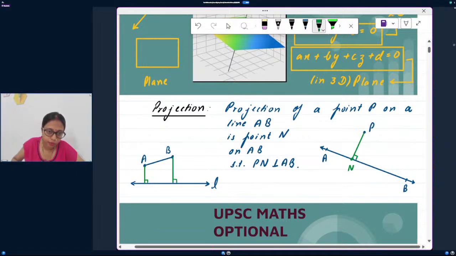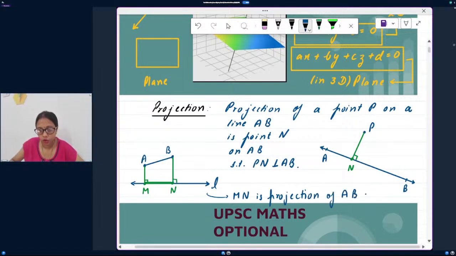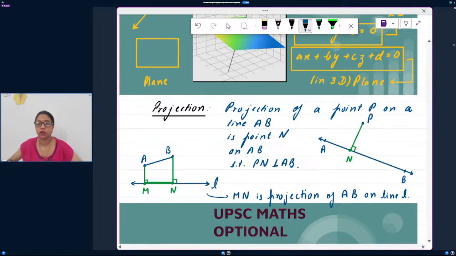Let the feet be M and N. MN is nothing but your projection. Here MN is the projection of AB on line L.